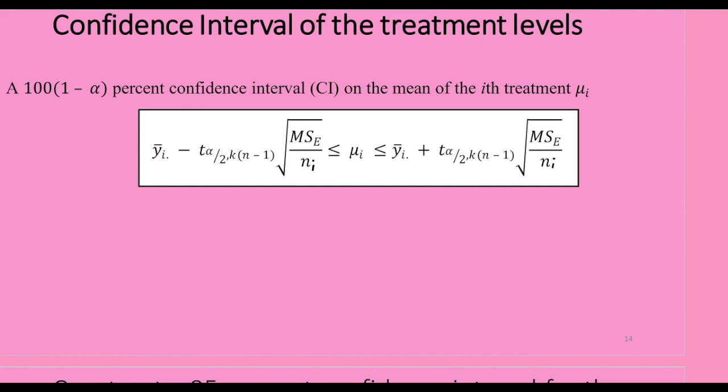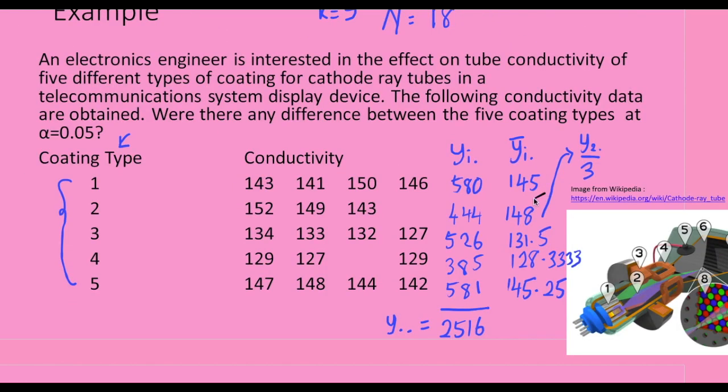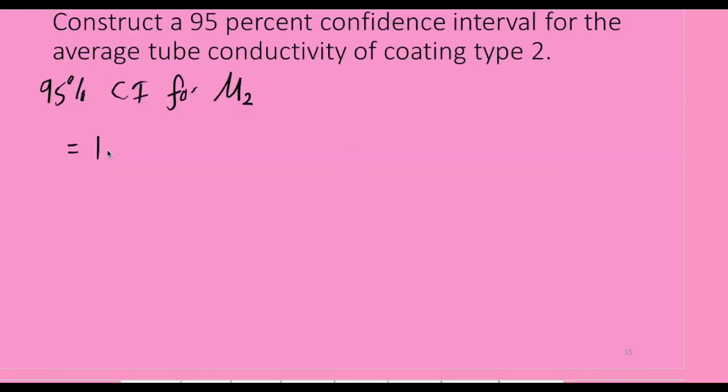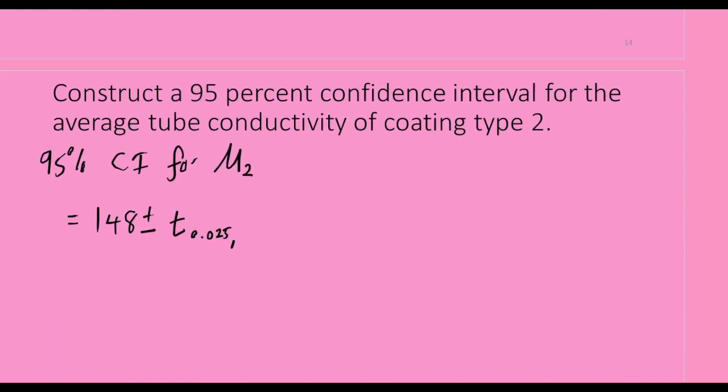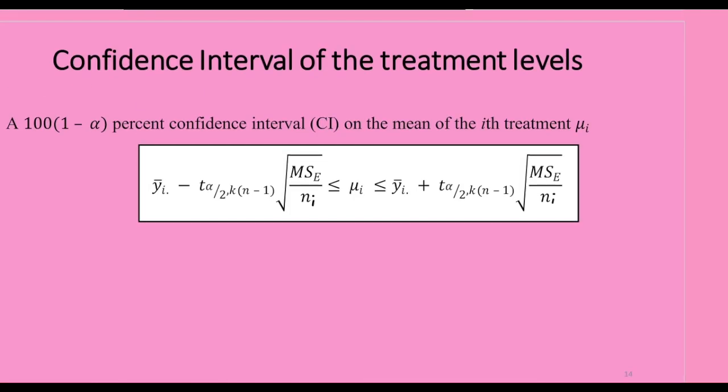So the formula would be y bar 2 dot. Let's check what is y bar 2 dot. This value here, 148. 148 plus minus t alpha over 2, which would be 0.025, comma k multiplied by Ni minus 1. So our k is 5 multiplied by, so this is no more N but Ni.